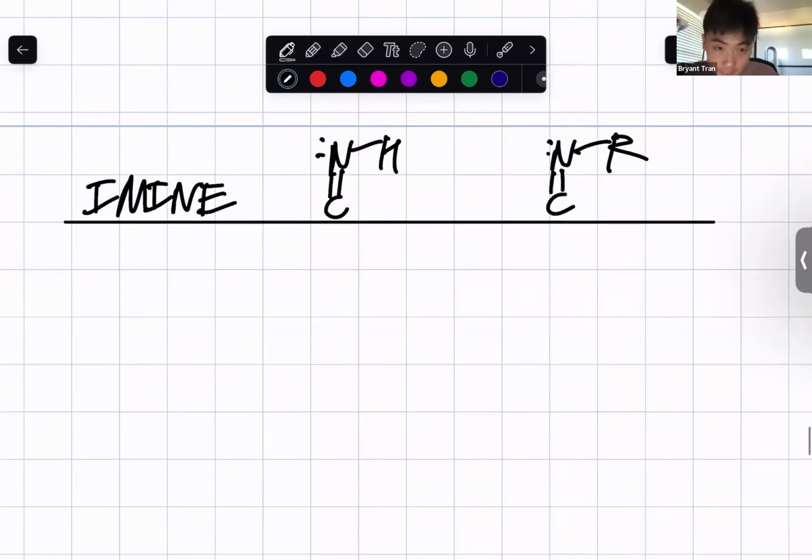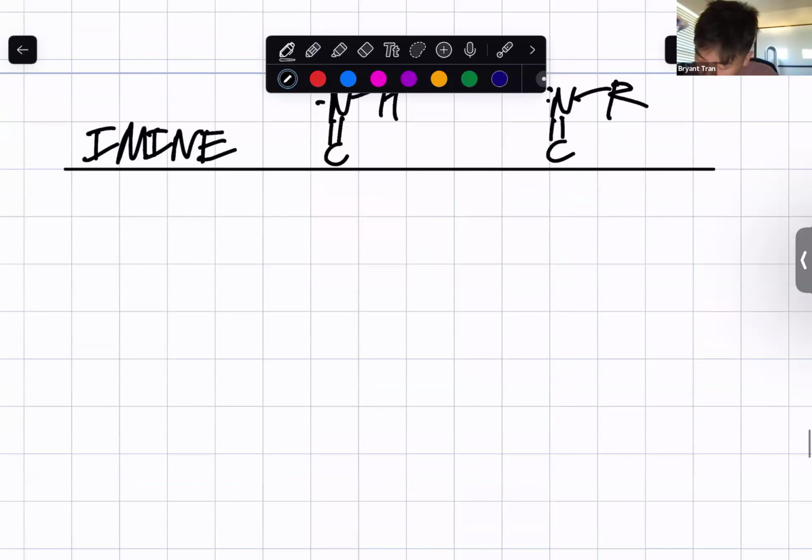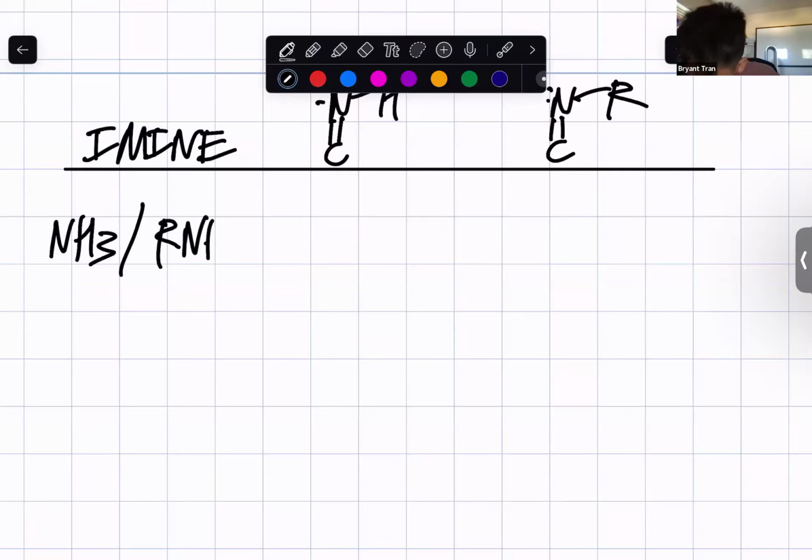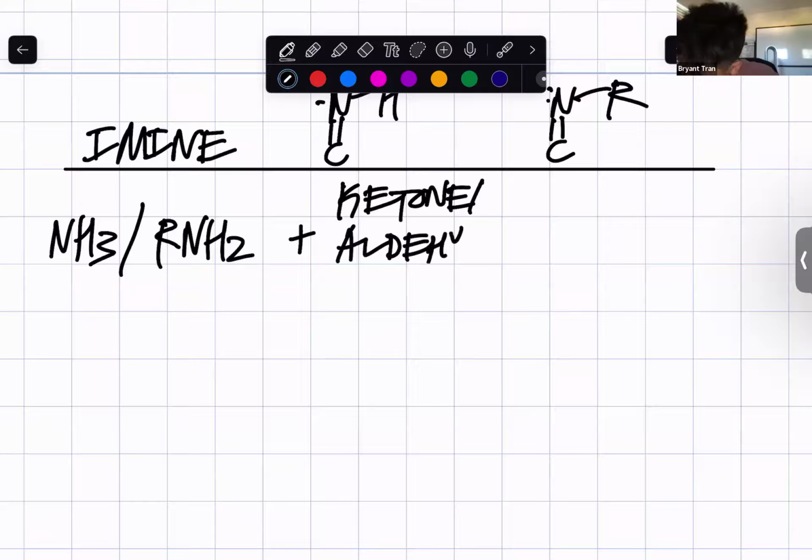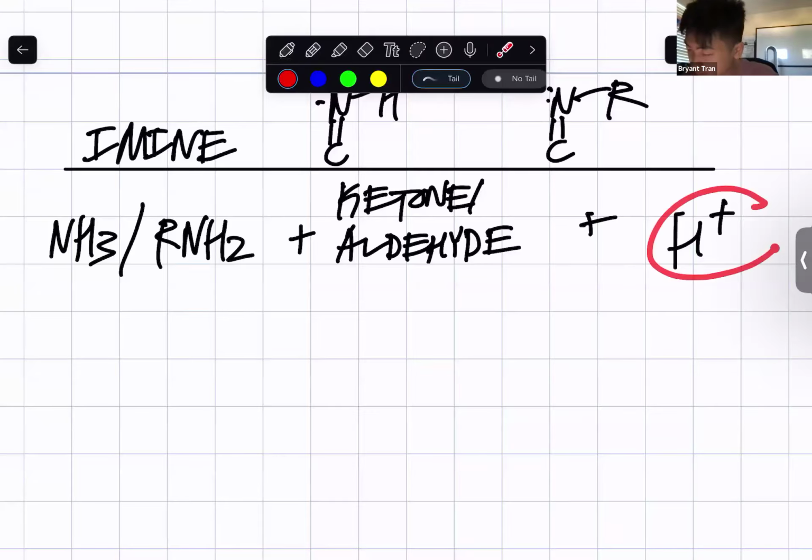So the ingredients for an imine would be ammonia or a primary amine reacting with a ketone or aldehyde, which is the unit that we're in right now, in acidic conditions. The proton source can be sulfuric acid, H3O plus, or HCl.